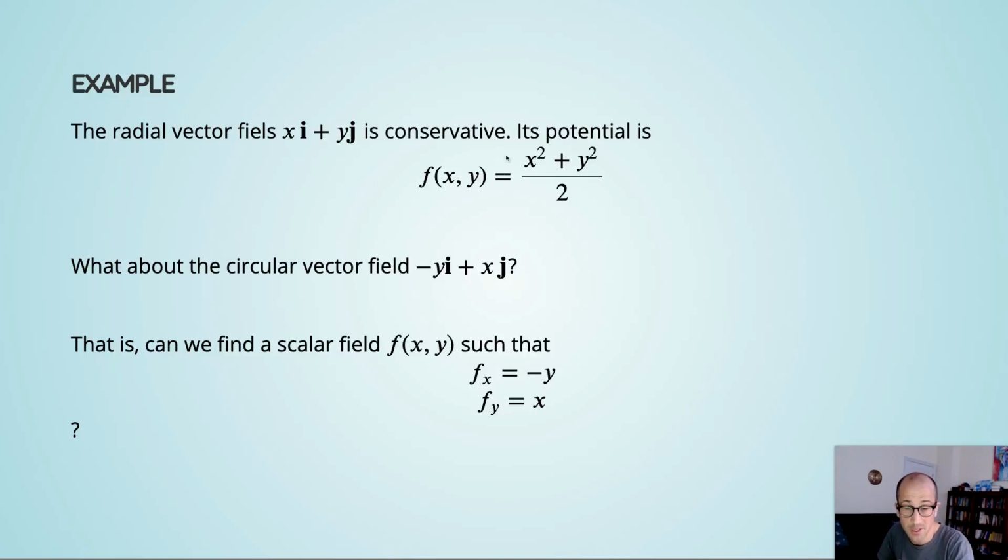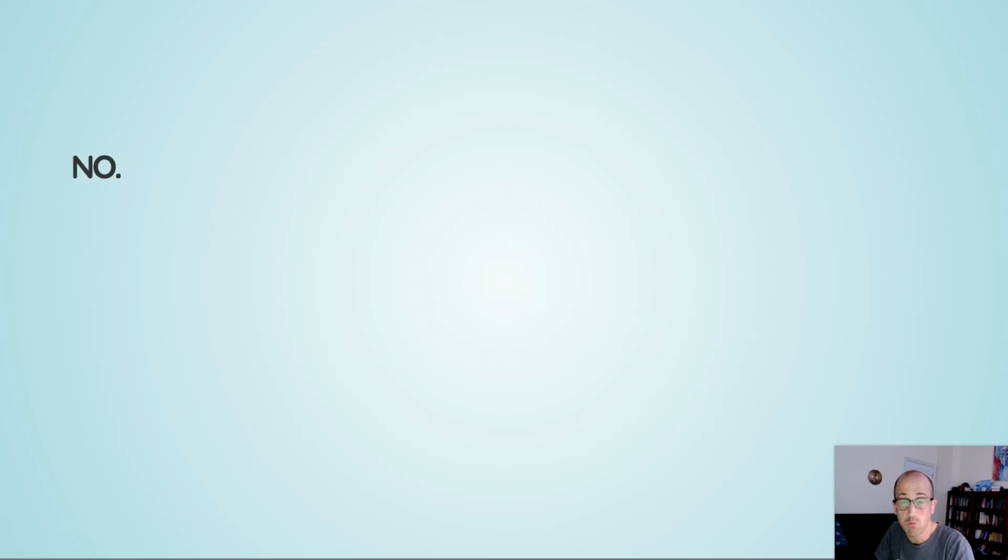Could it be as simple as that? The answer is no. No such function exists. You can try all day long, trying out different scalar valued functions, taking an x derivative to get minus y and a y derivative to get x. It'll never happen.